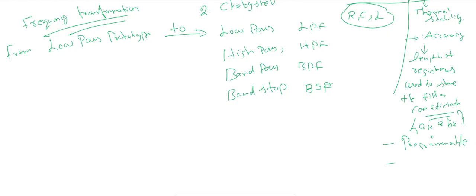Adaptive means the filter coefficients AK and BK can be changed at any time. And a single filter can be used to process multiple signals, so multiplexing techniques can be implemented.